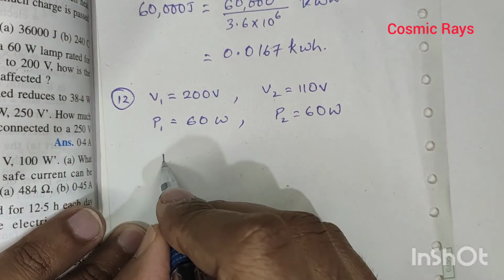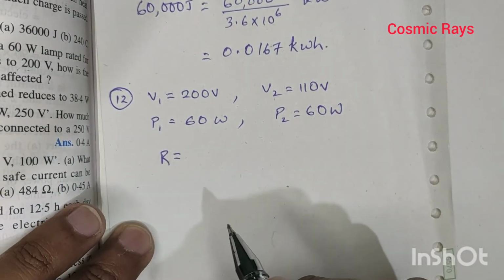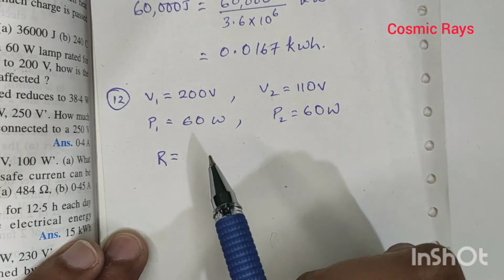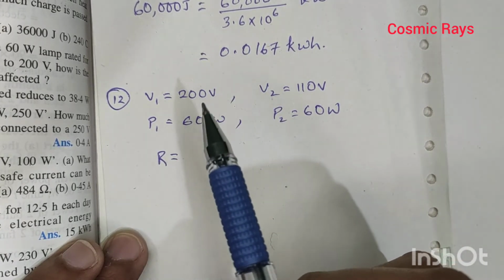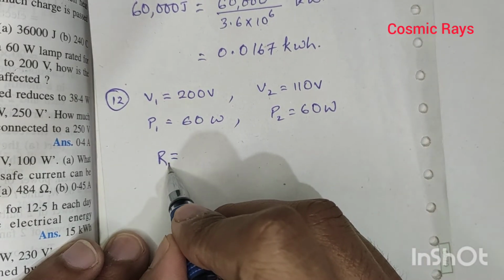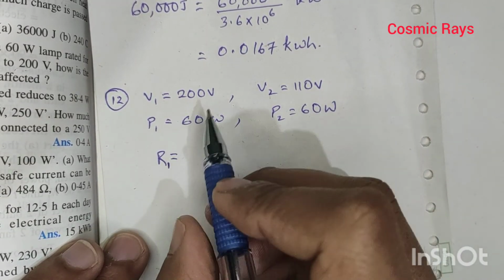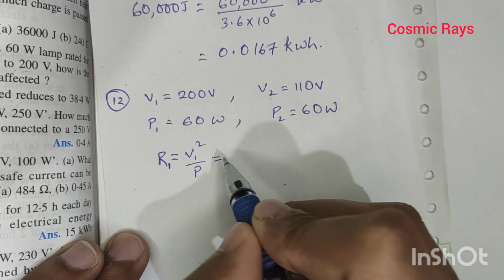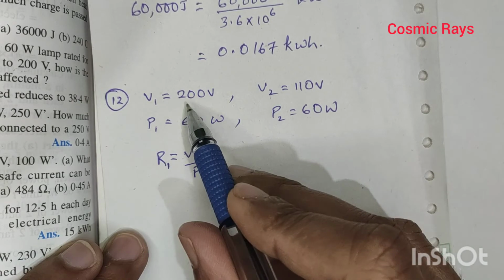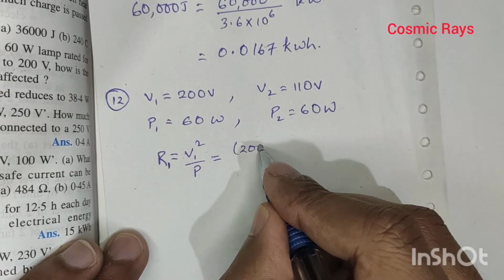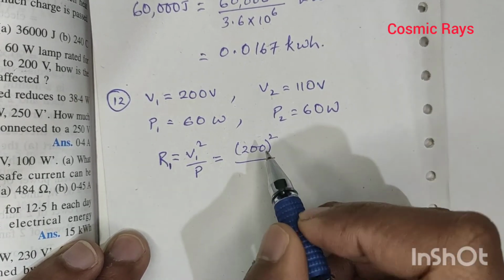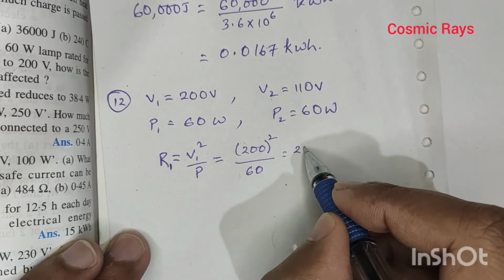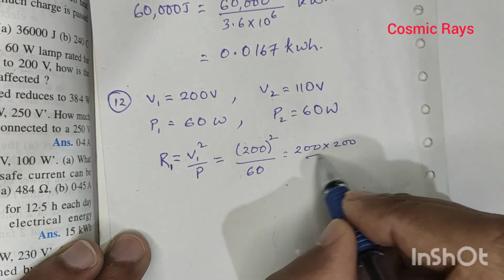We know the formula for resistance is R is equal to V square by P, because that is the only formula which connects R, V and P. So for the first appliance, let's write R1 as the resistance one, that is V1 square upon P. So let's put the value. V1 is 200 square by P, that is 60, or you can write it as 200 into 200 by 60.